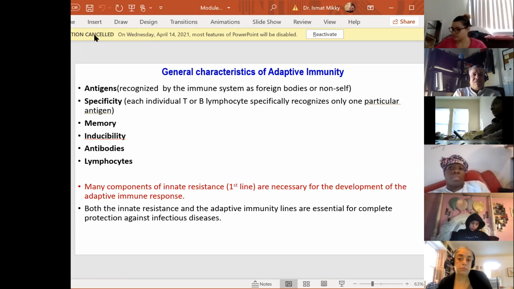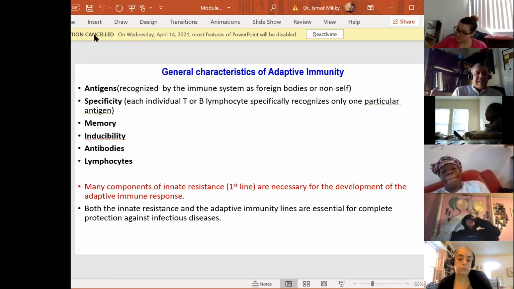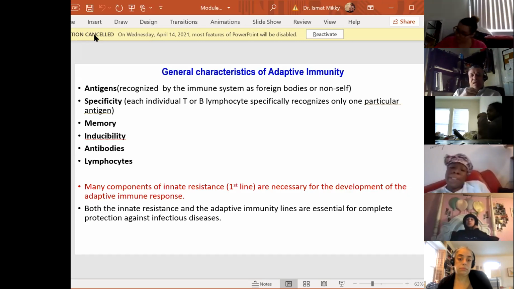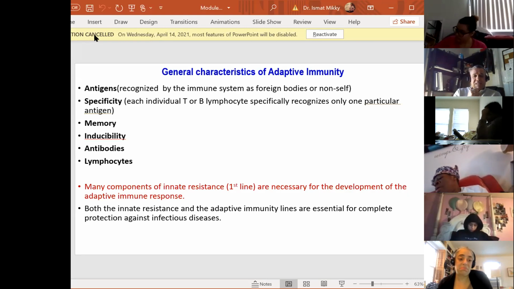There are two different types of lymphocytes: the B cells, B lymphocytes, and the T cells, the T lymphocytes. And by the way, they are a form of white blood cells too. So the B cells have a specific function, and T cells also have specific functions.